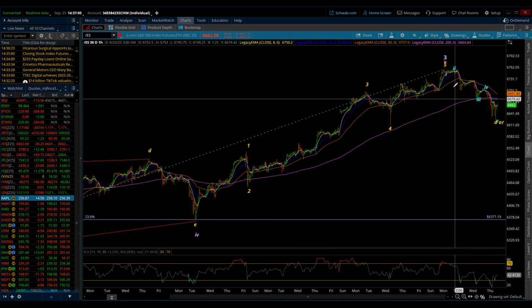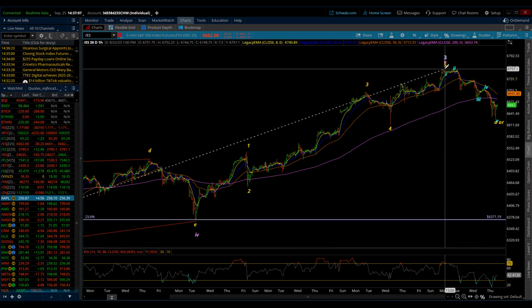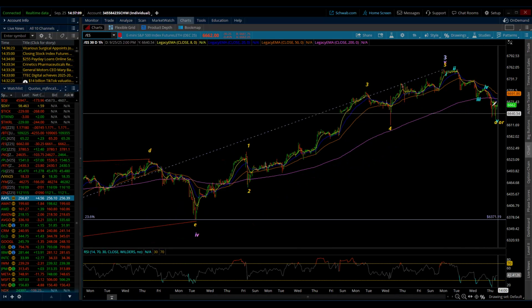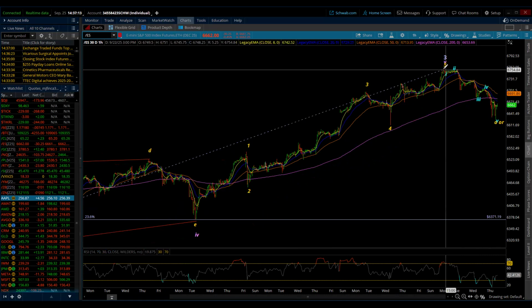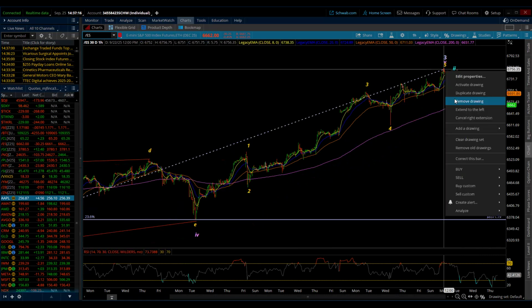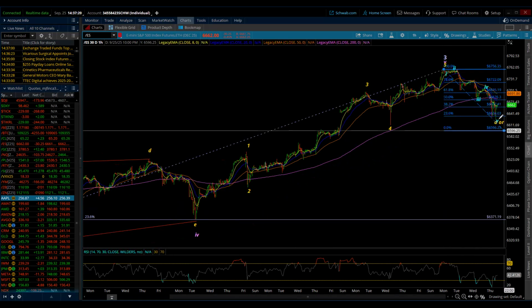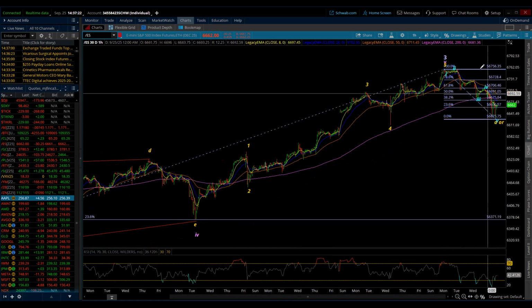But what we're now going to be doing is very likely we are going to have a bounce. If it is wave A or 1, we should have a bounce. And that would require that we put up some retracements. And so it's going to come right down to that low. I'll go over here.